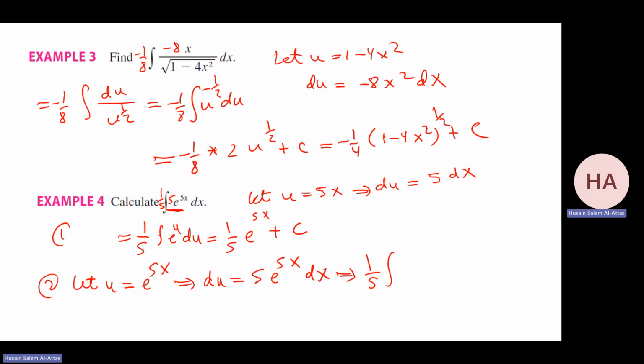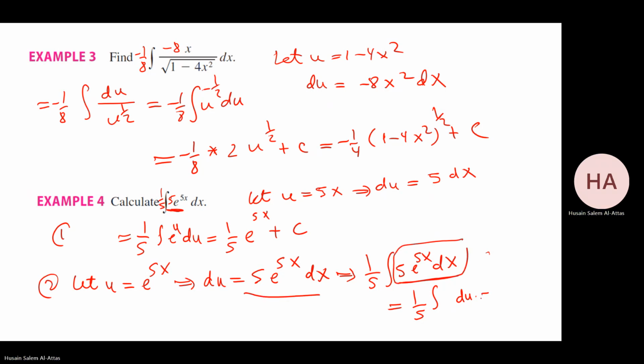So 1 over 5 integral of 5 e to the 5x dx. All of this is du. And this is 1 over 5 integral of du. So that will be 1 over 5 times u plus c. What is my u? My u is e to the power 5x, plus c, which is the same answer.